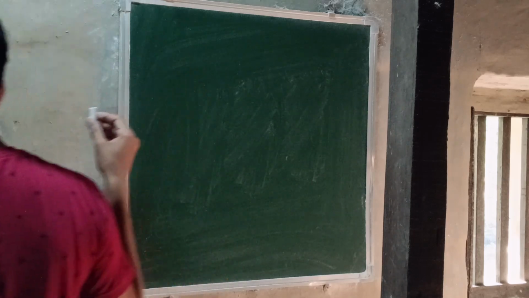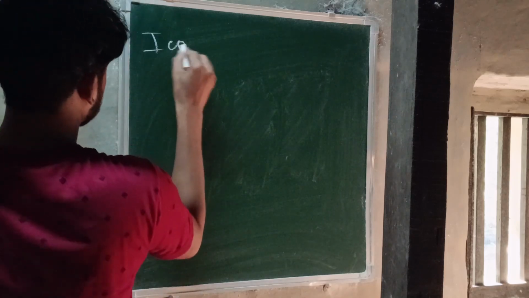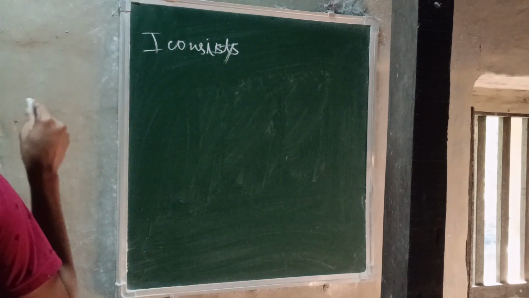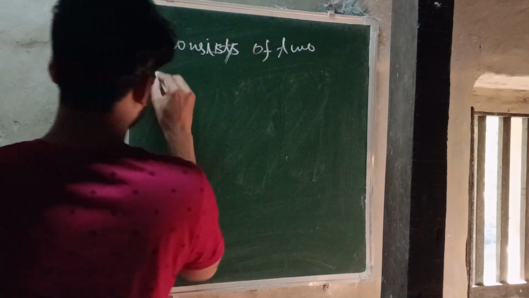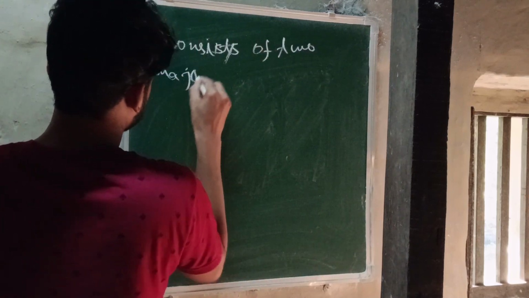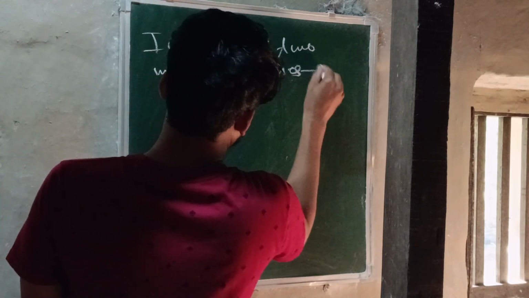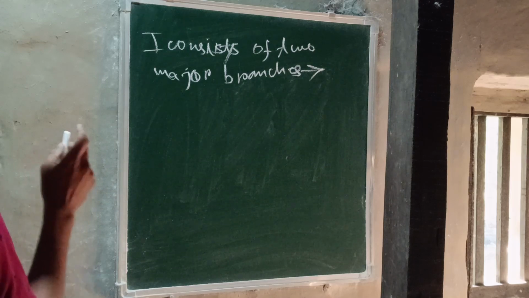Aerospace engineering, or AE, consists of two major branches. What are these?